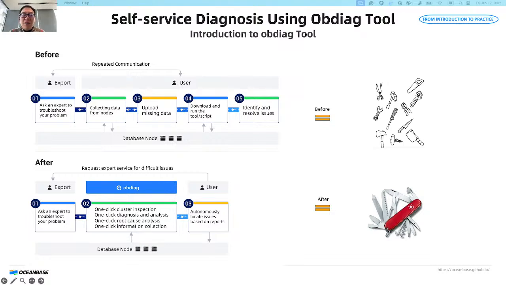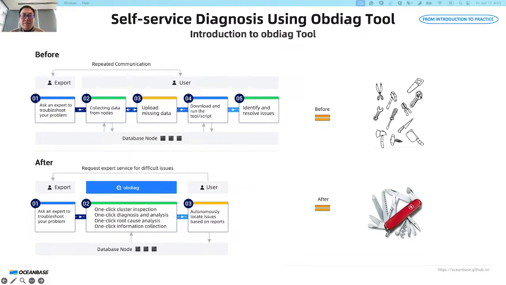Before introducing obdiag, let's revisit how our engineers typically communicate with users to resolve issues. This involves a lot of repeated communication to clarify the problem, right? And it requires the user to collect data on different nodes, and then download and run different scripts or tools to upload the missing data.